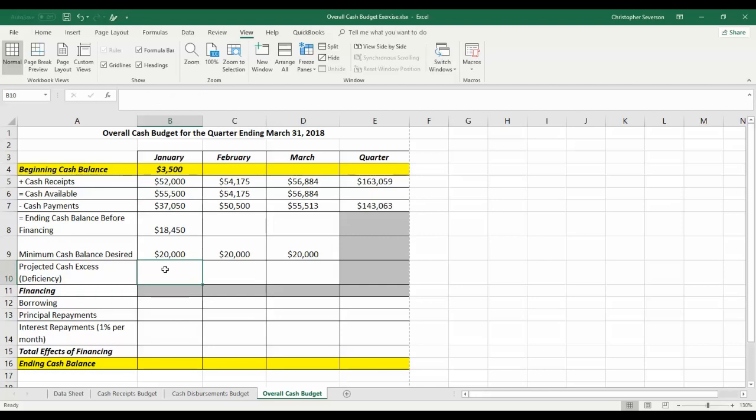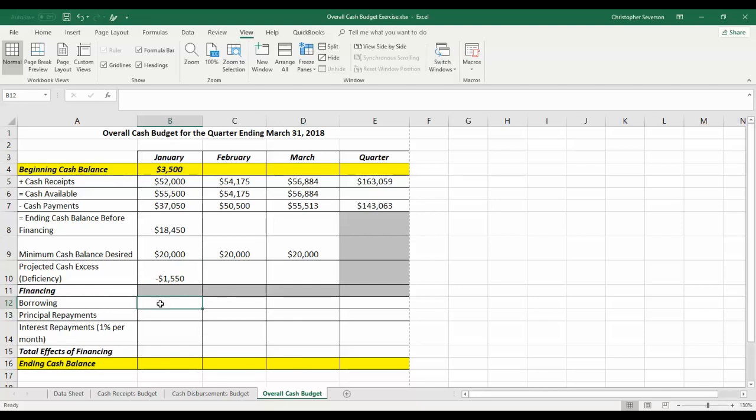Now, the way this formula should look, it should be this top number, the actual ending cash balance, minus the minimum desired, and that tells us we're short by $1,550. If this was above $20,000, it would be a positive amount and we're good. But it's $1,550 short, therefore we're going to have to borrow that money.